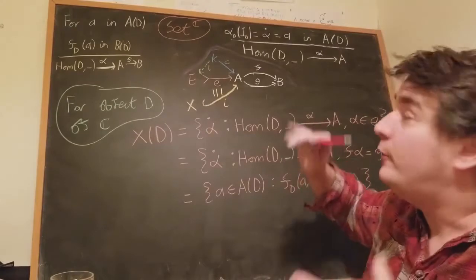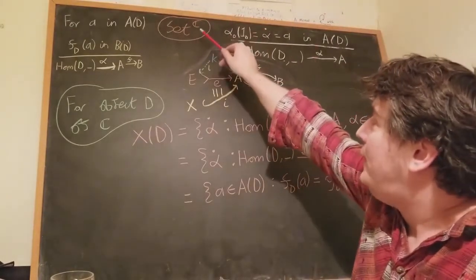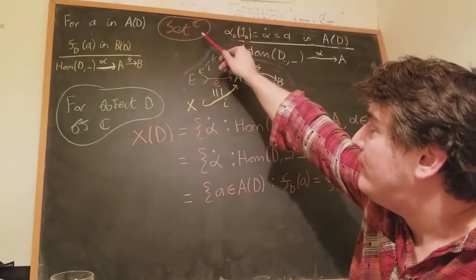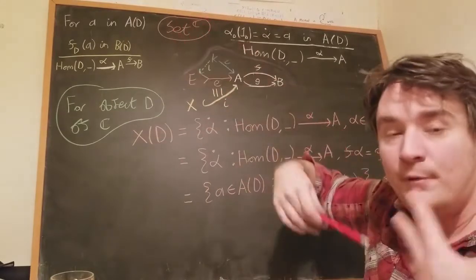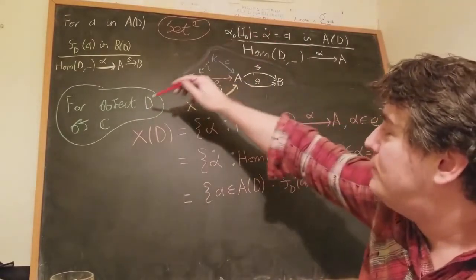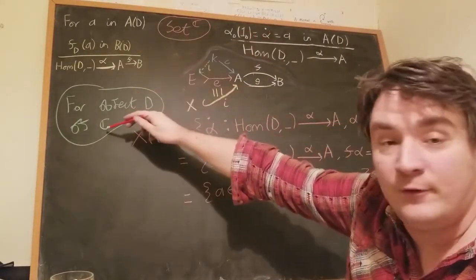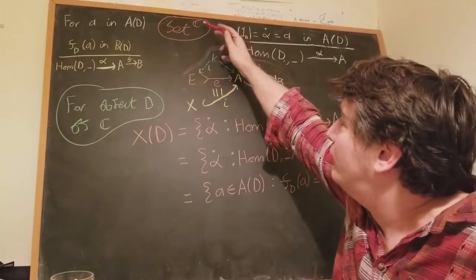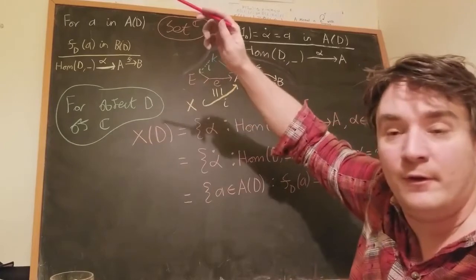Okay, so we want to understand what equalizers are in this category set to the power of C. And they're really pretty simple. I'll give away the punchline. Let's say we have an object D in this category C. Well, the objects in here are going to be functors from C to set.